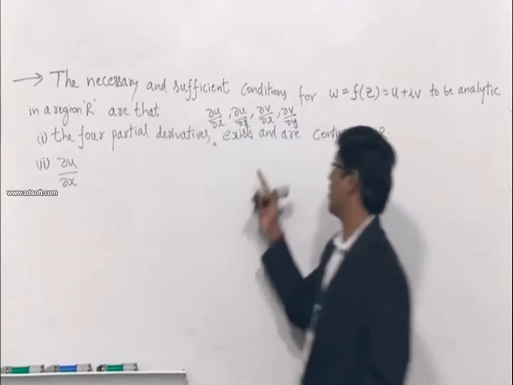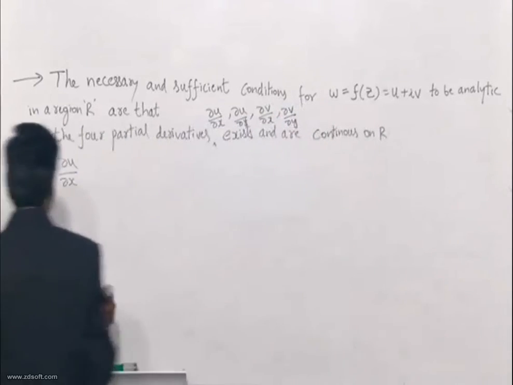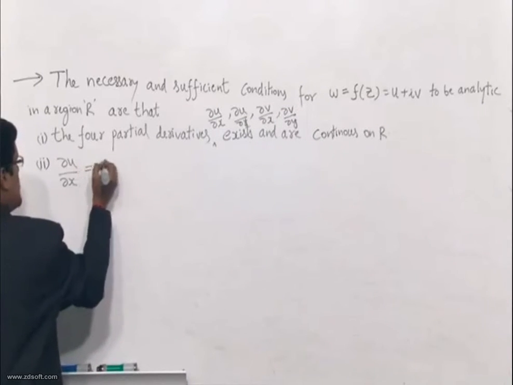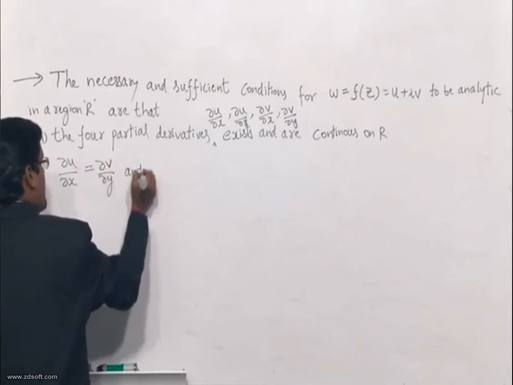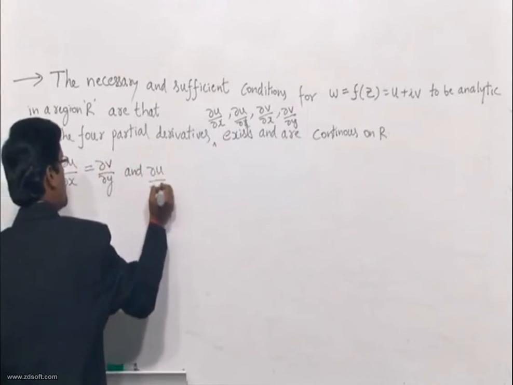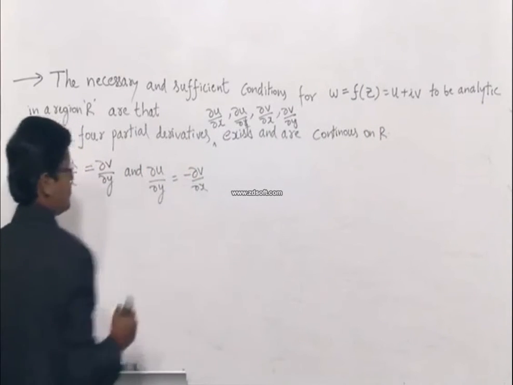These four partial derivatives exist and are continuous on R. And the second condition is dou u by dou x is equal to dou v by dou y, and dou u by dou y is equal to minus dou v by dou x.